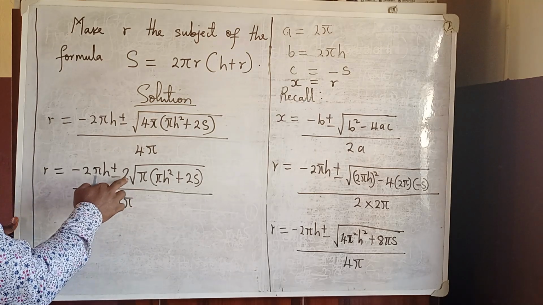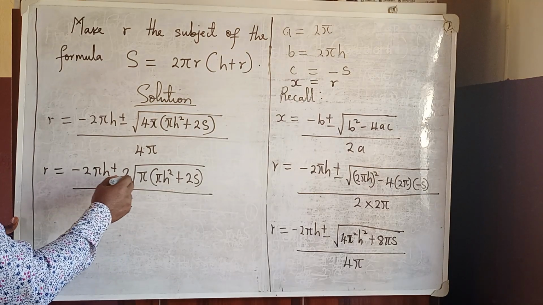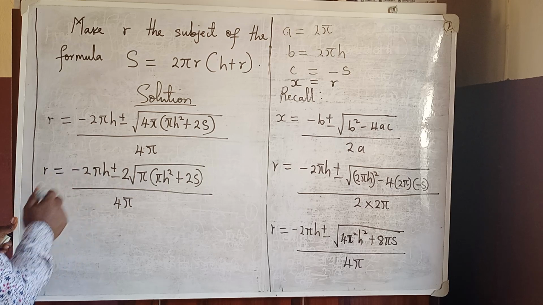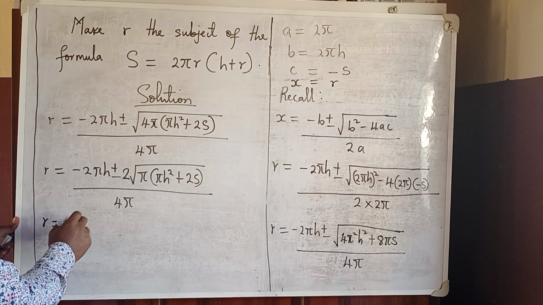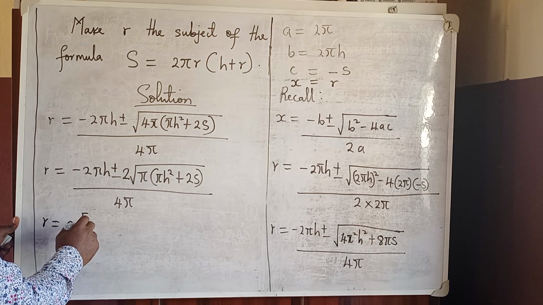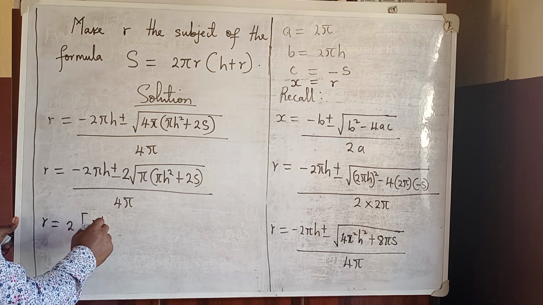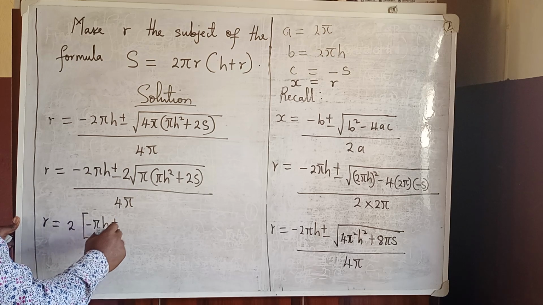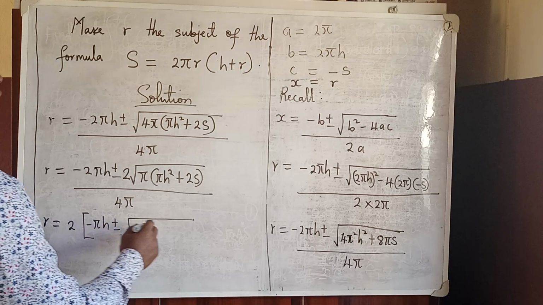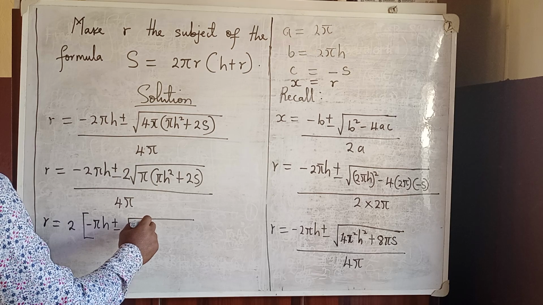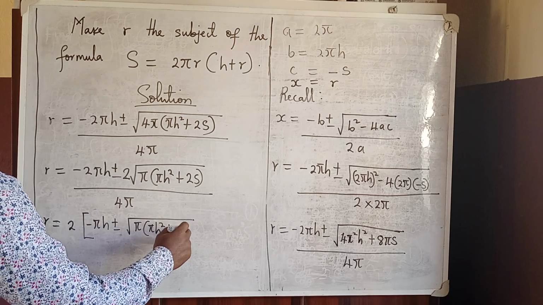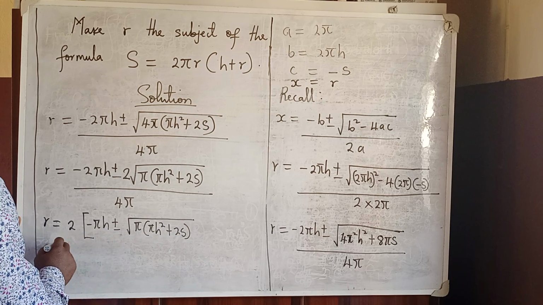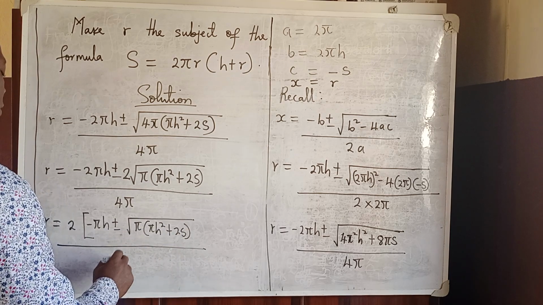Now we can still factorize this. This 2 is also common here. So if you factorize that, we have 2 square bracket minus pi h plus or minus the square root of pi into pi h squared plus 2s close bracket, all over 4 pi.